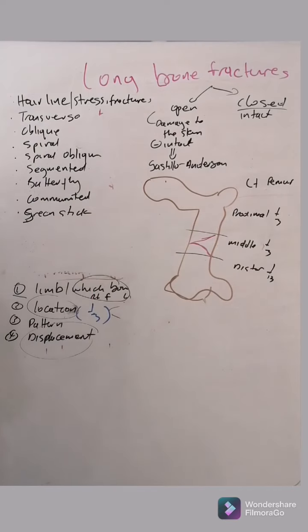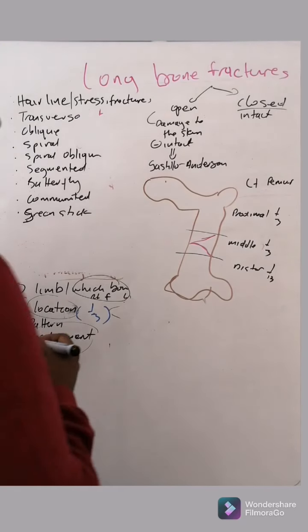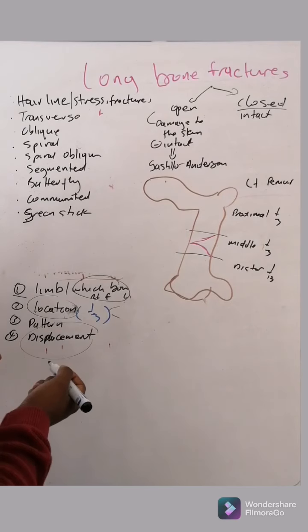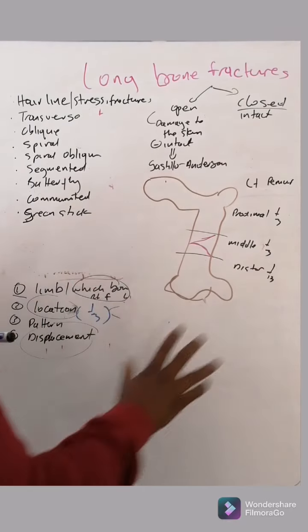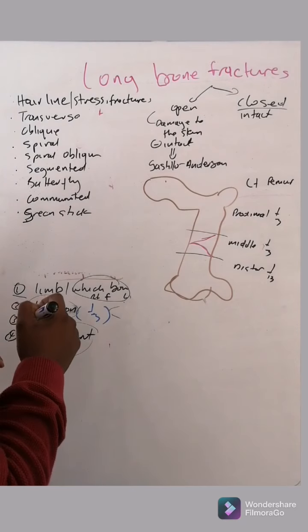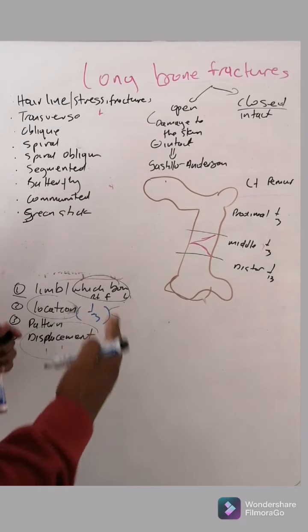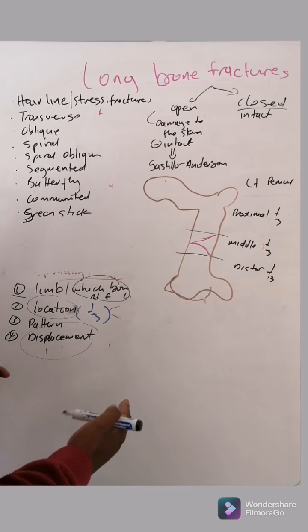This is my fracture. How will I describe it? I'll say, doc, I've got a butterfly fracture that is located in the middle third in the left femur. It doesn't matter how you organize it, as long as you have all the information needed. Or you can say, I've got a butterfly fracture of the left femur that is in the distal third.